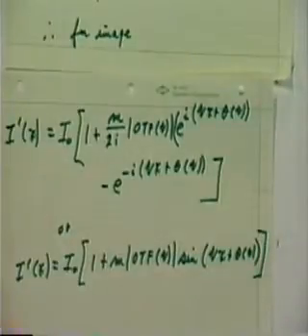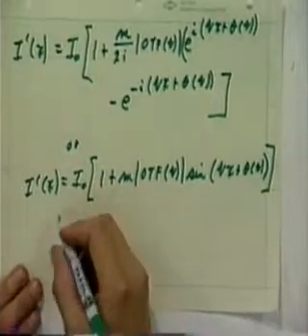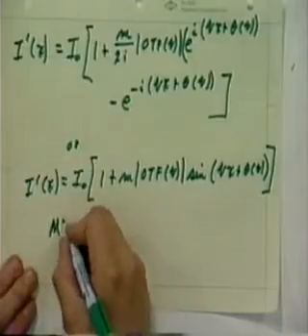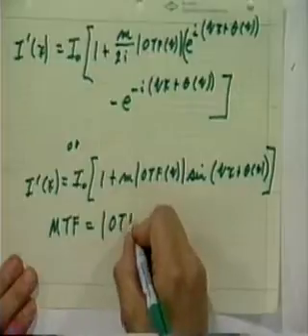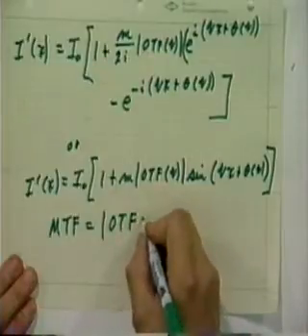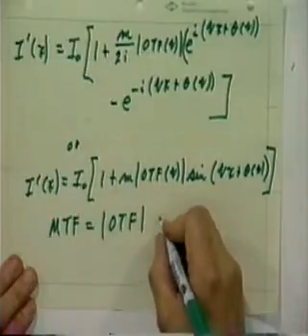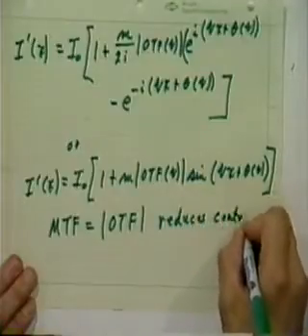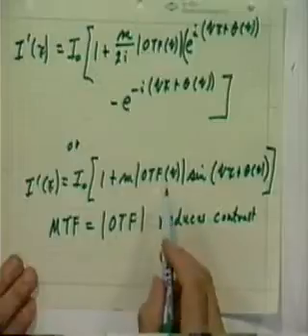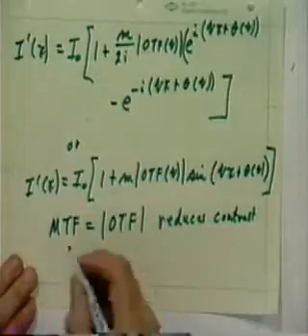Okay? And so the result is that the MTF, which is equal to the magnitude of the OTF, reduces contrast. And so it reduces contrast by whatever the MTF is at that particular frequency.